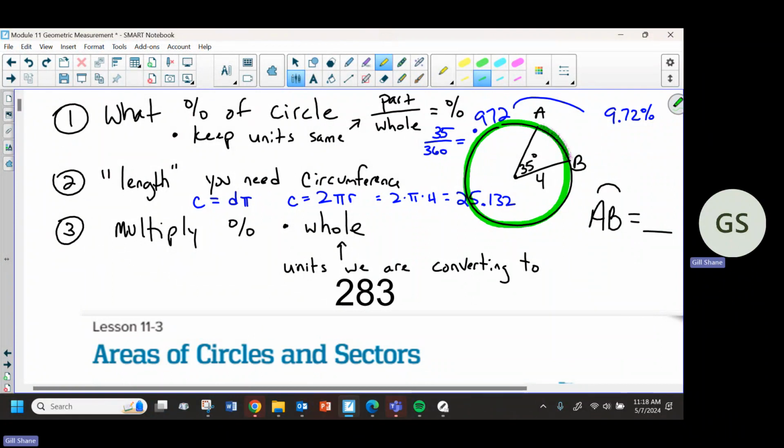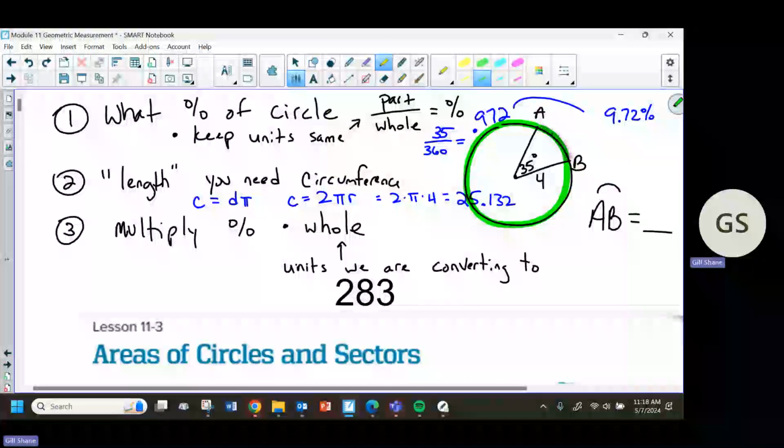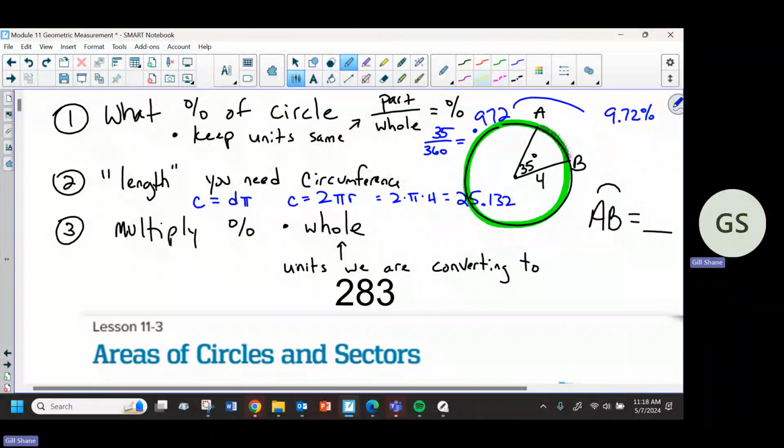So if I now say, well, I know the percentage of the circle, I know the total circumference is 25, I just multiply the percentage times the whole. Go back to blue, so my percentage, and again, you can do 0.972. If you do it as a percentage, you just have to remember to hit the percent button.